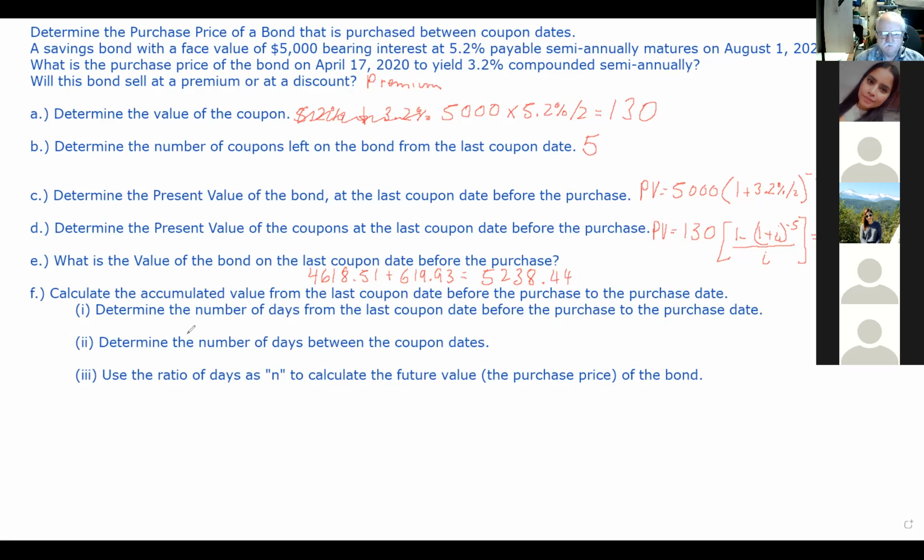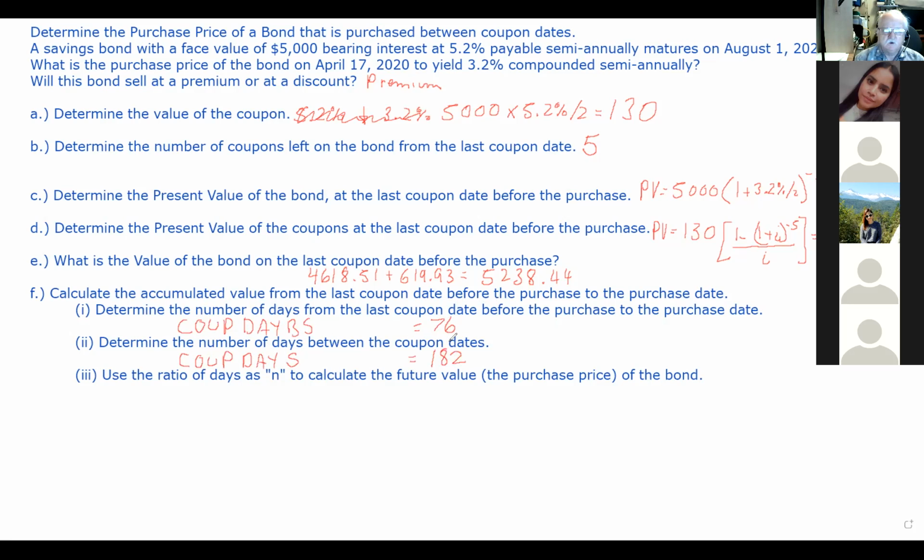This is using Coup Day BS. And this equals 76. And determine the number of days between coupon dates. This was Coup Day S. And this equaled 182.